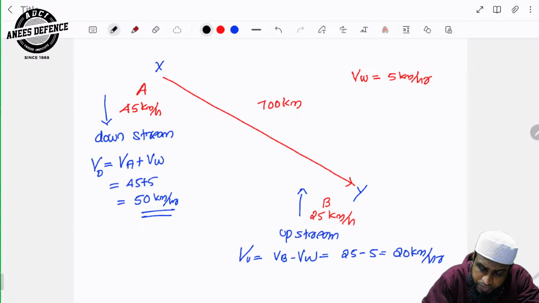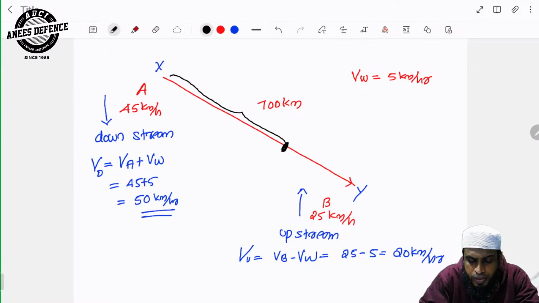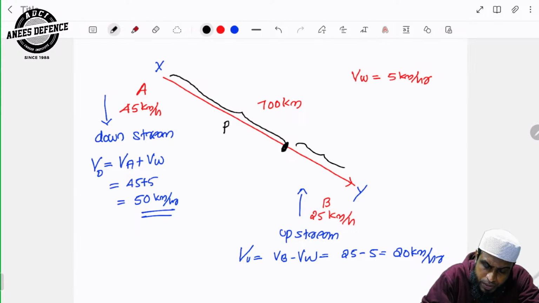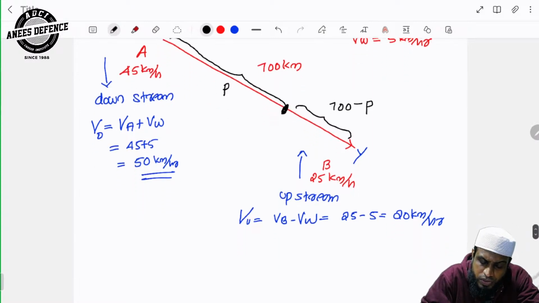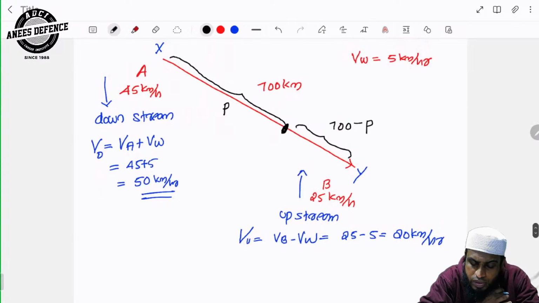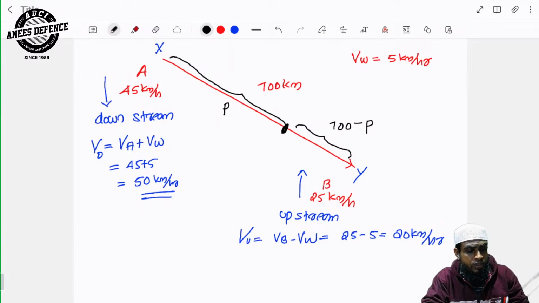For example, this is the distance traveled by boat A, say that is P. So the remaining distance will be equal to 700 minus P. The distance traveled by boat A is P, and because both are starting at the same time, we have to calculate after what time they will meet each other.